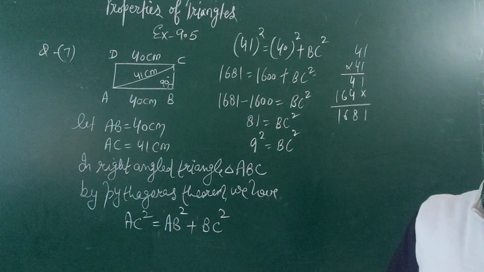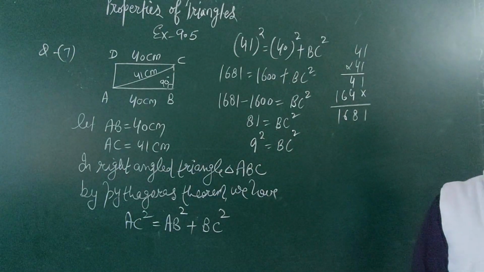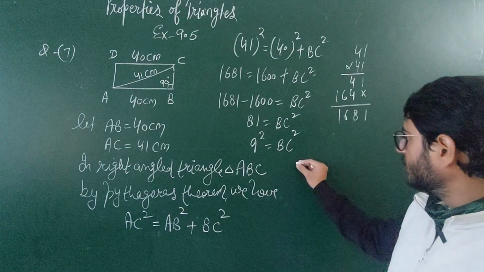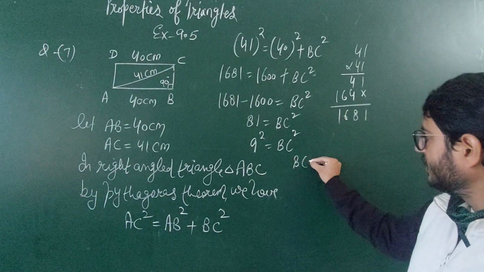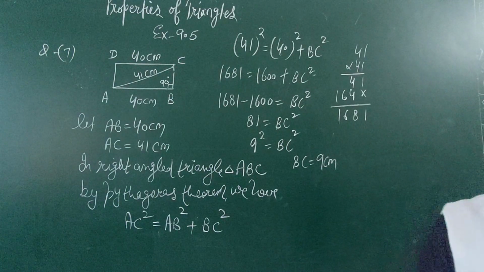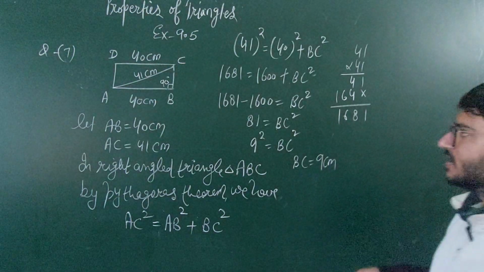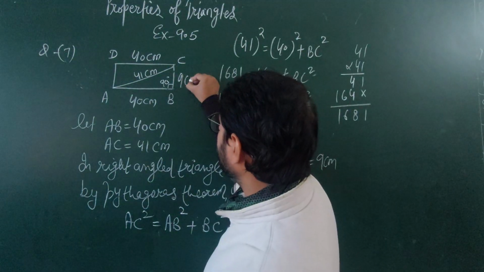Law of exponent: if powers are same, then we can put their bases equal to each other, which implies BC is equal to 9 centimeter. We have now calculated the value of BC, which is equal to 9 centimeter.